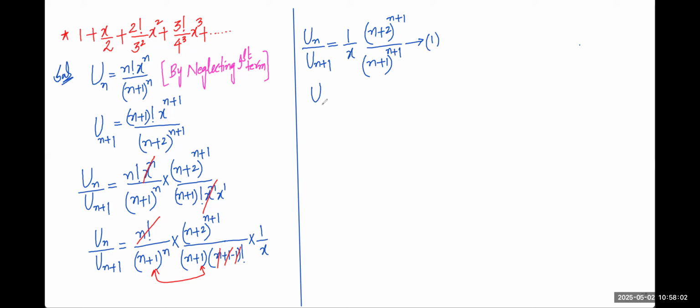Un by un plus 1 is equal to 1 by x. Take n common, which means n power n will come outside: 1 plus 2 by n raised to the power of n.